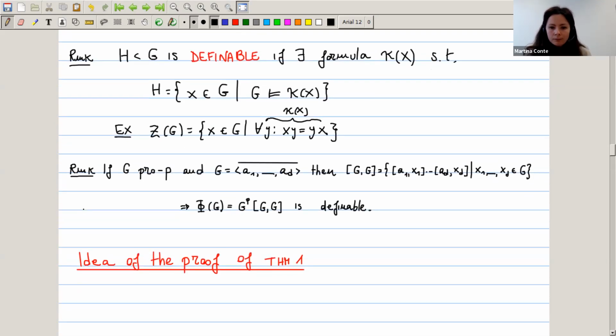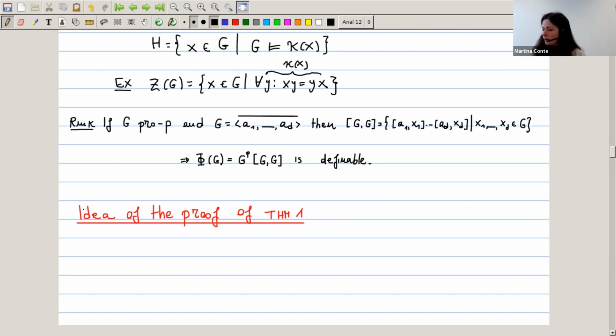So I can now give an idea of the proof of the fact that there exists a sentence that completely characterizes the rank. And I will actually give, let's say, the ideas of how to construct such a sentence.